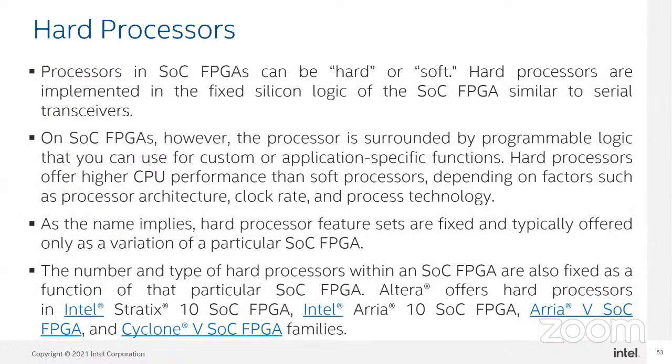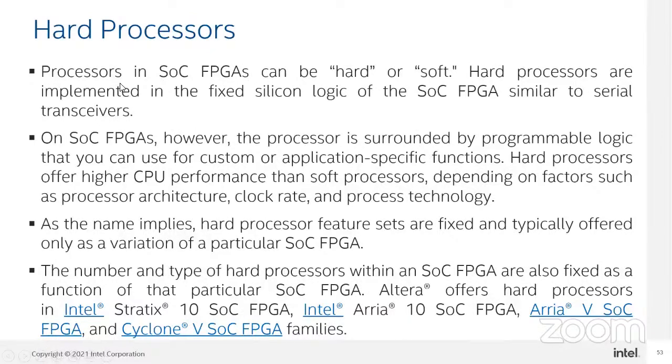As you can recollect from yesterday's discussion, we need to perform an embedded system design using the Cyclone V and ARM, so we need to design using the hardcore processors. The processors in SoC FPGAs can be hard or soft. What are hardcore processors?